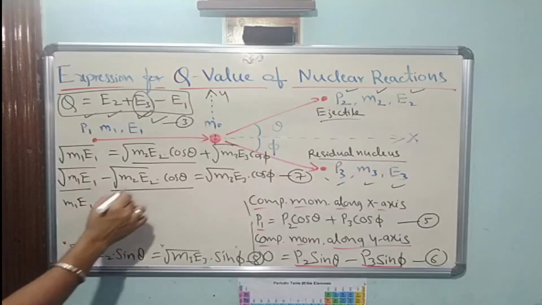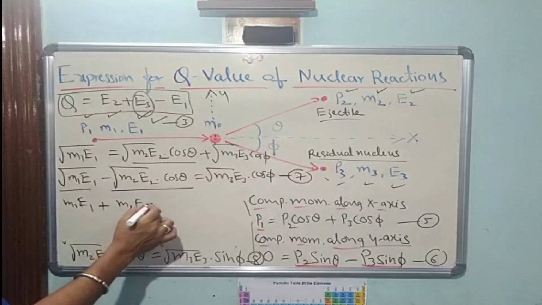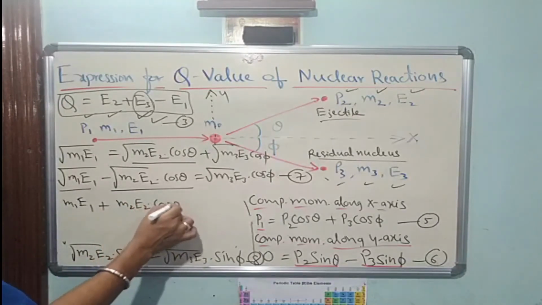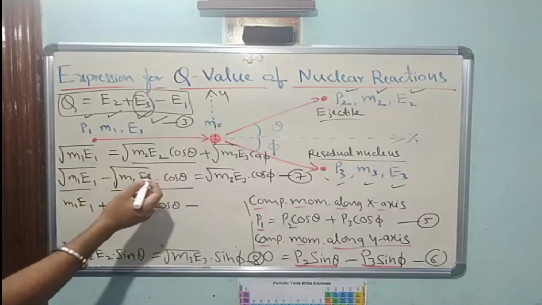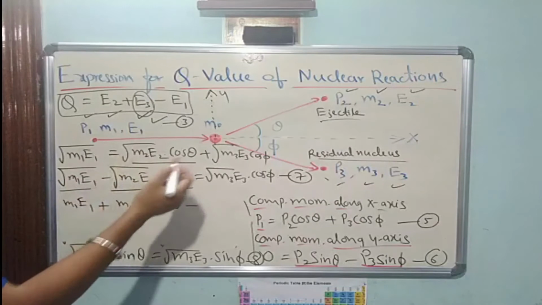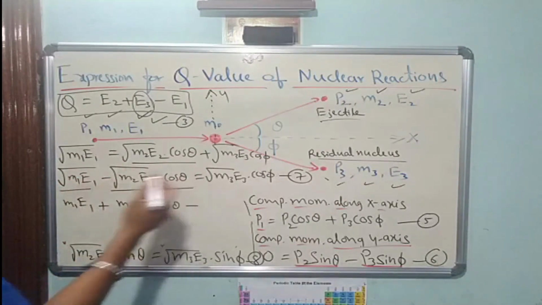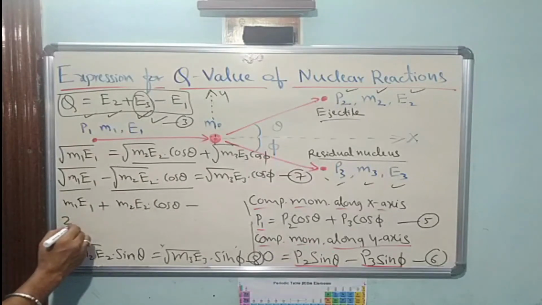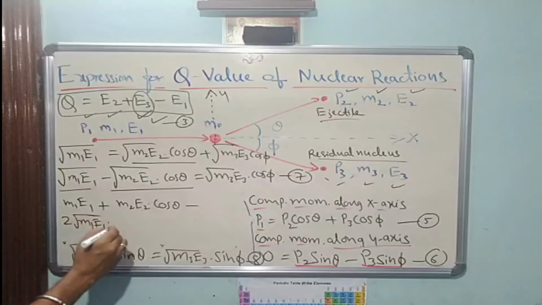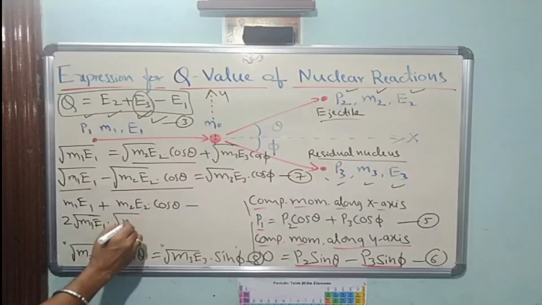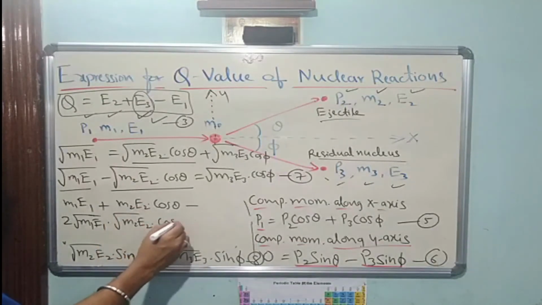A square plus b square means m2 E2 into cos square theta. So square root cancels here also. Minus 2ab, isn't it? According to the formula, a minus b whole square I am telling. So a square plus b square is over. Minus 2ab, that is minus 2 square root of m1 E1 into square root of m2 E2 into cos theta.